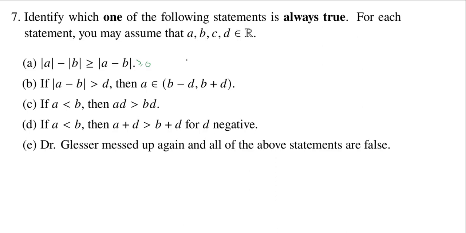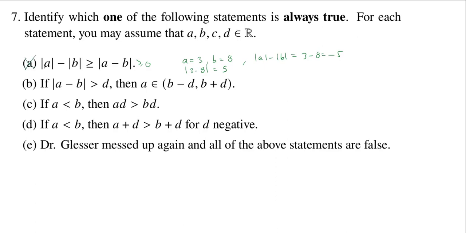So for example, if a was equal to 3 and b was equal to 8, then the absolute value of a minus the absolute value of b would just be 3 minus 8, which is negative 5. And, well, if I do the absolute value of 3 minus 8, that's going to be equal to 5. So yeah, you can see here, there's just no way this one is going to work.